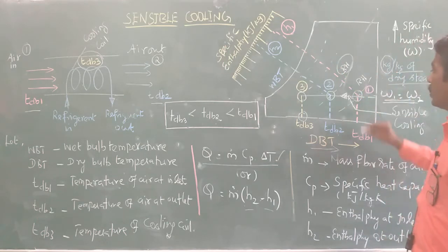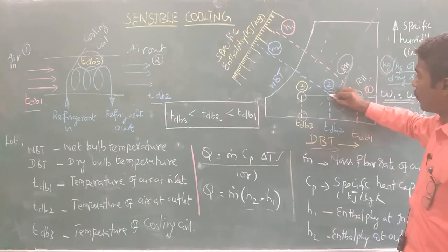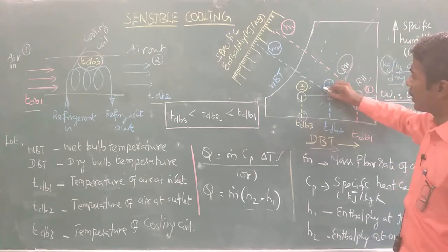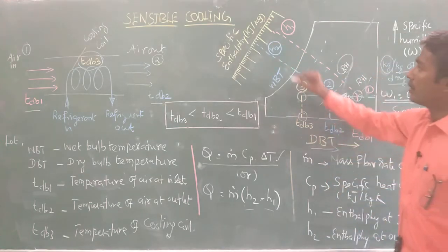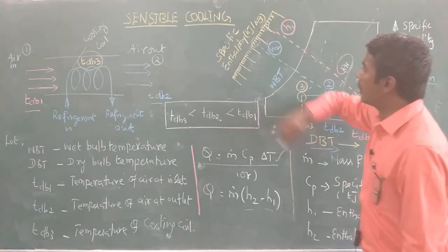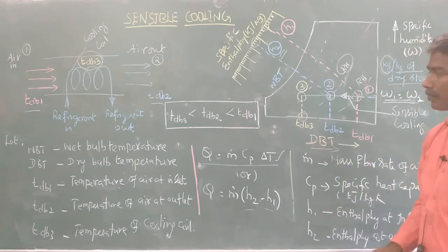We can adopt the same procedure for point 2: draw a similar inclined line up to the specific enthalpy scale, and the point you meet gives the enthalpy at point 2, called H2.